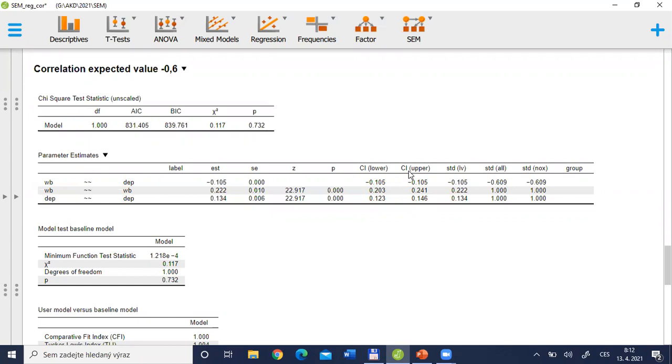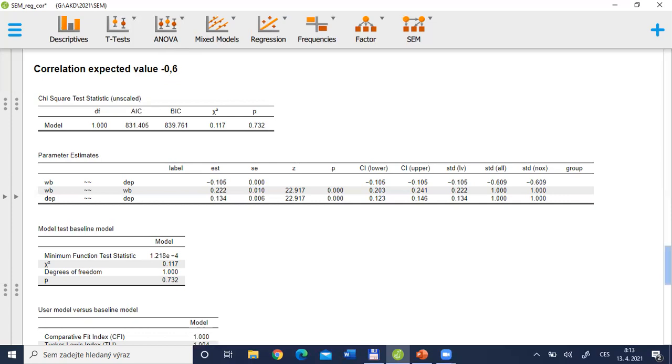So these two are closely related. The alternative hypothesis, of course, is just the opposite, so it means that my model doesn't fit my data. And as the p-value is quite big, which is what we would like to see in structural equation models, we conclude that there is no reason to reject our model, and it is possible that the correlation for well-being and depression could be minus 0.6.